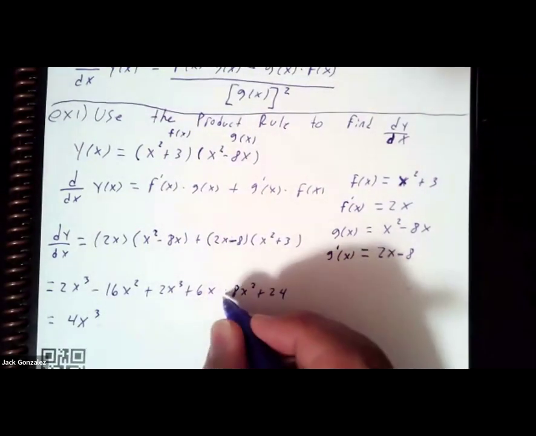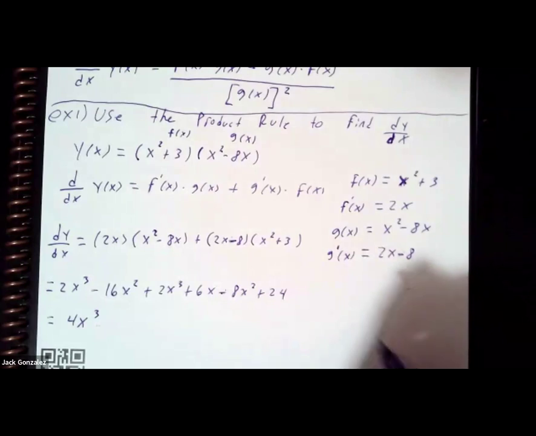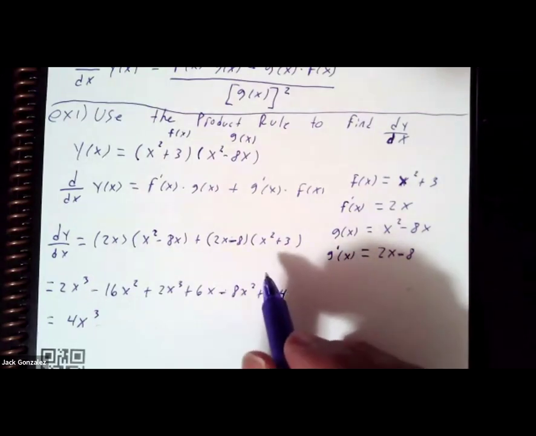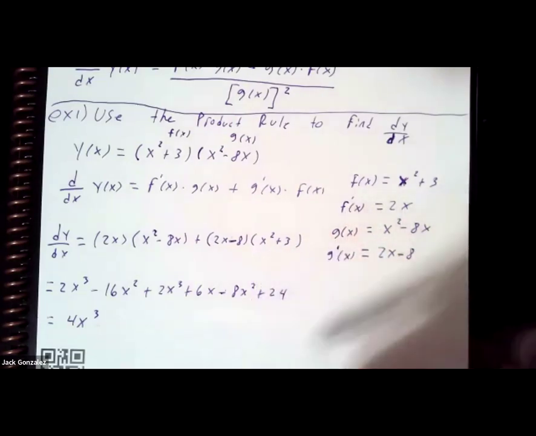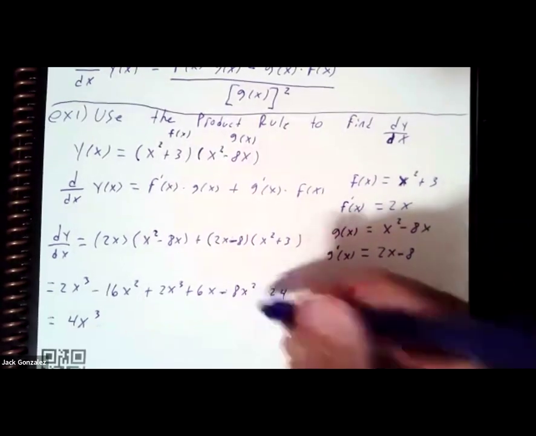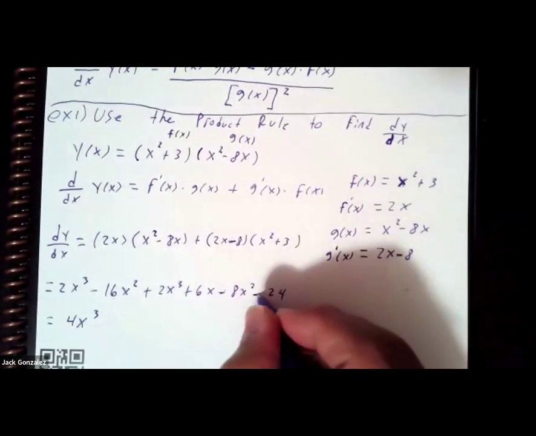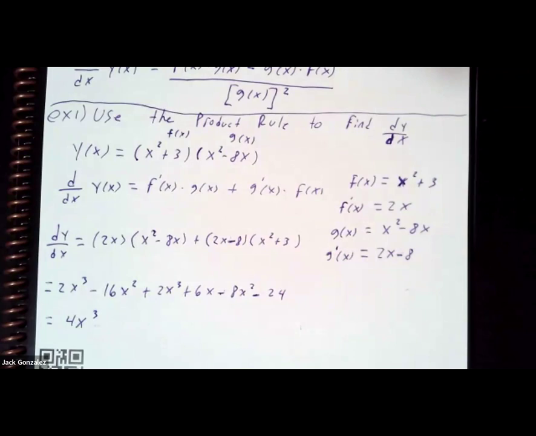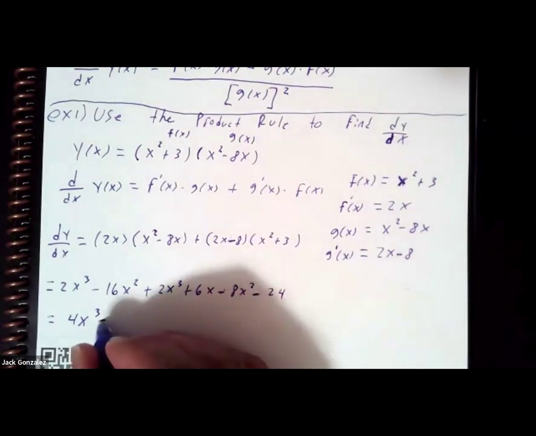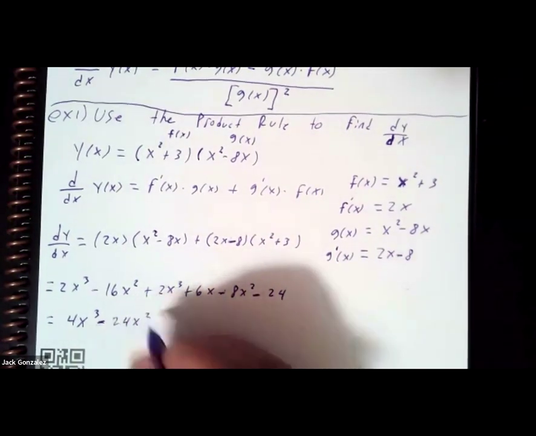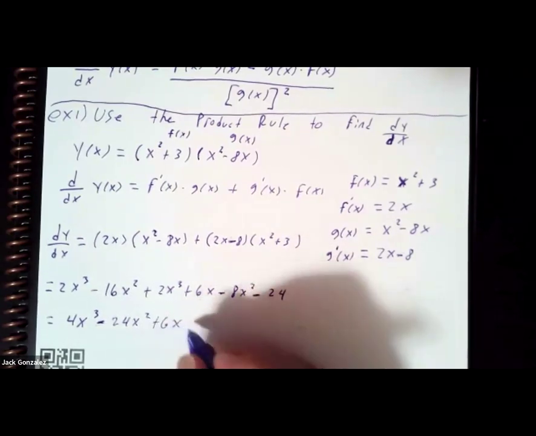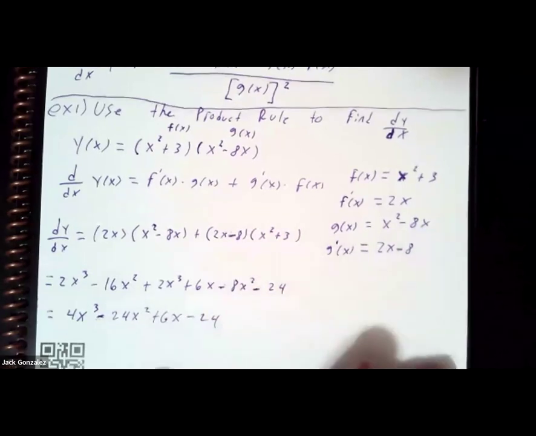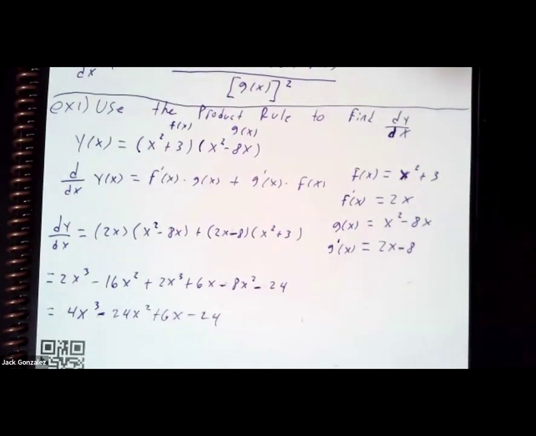That should be minus. There we go. Everything's great. Minus 24, plus 6x, minus 24. There we go. Any questions on this problem?